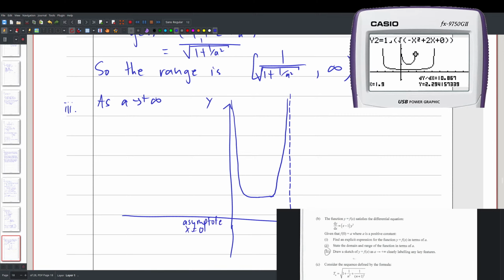Asymptote x equals 0. Asymptote x equals 2. Local min 1, 1. Well, it's technically global min, I guess. Global min 1, 1. Yep.